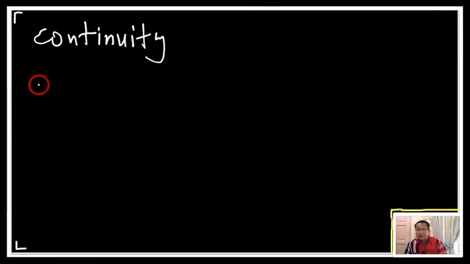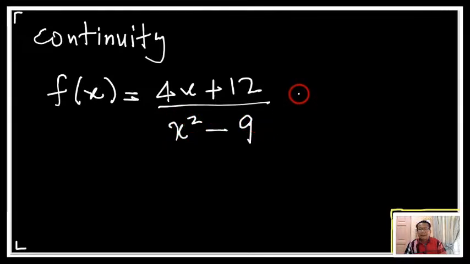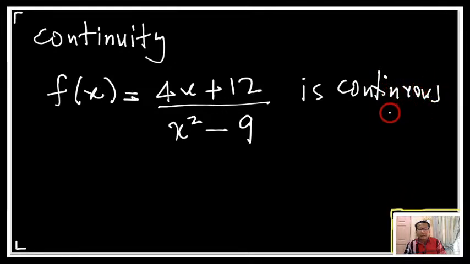Okay, one example. Determine whether f(x) equal to 4x plus 12 over x square minus 9 is continuous at x equal to 0.